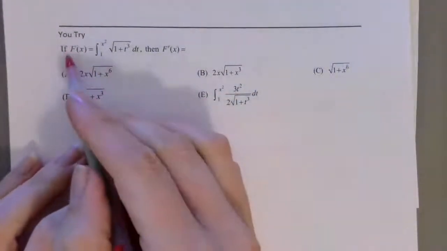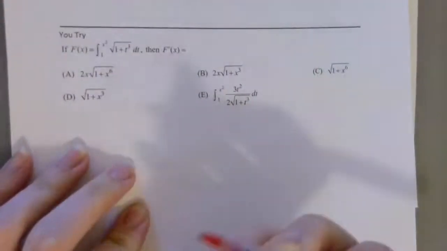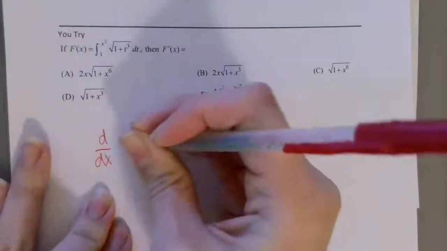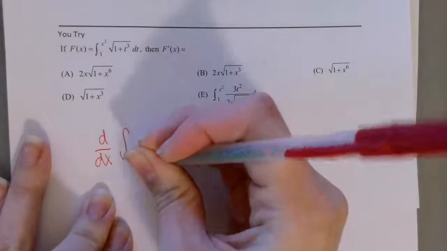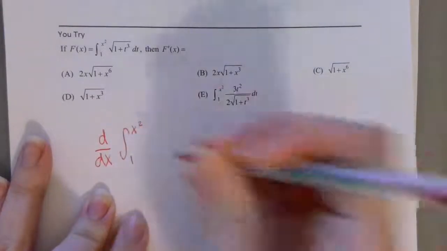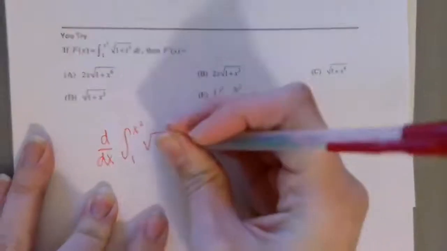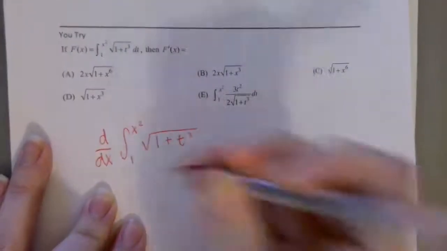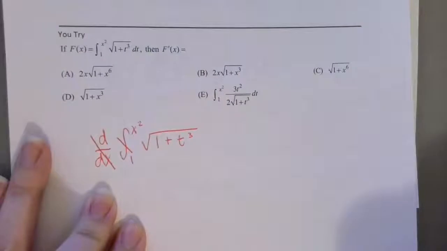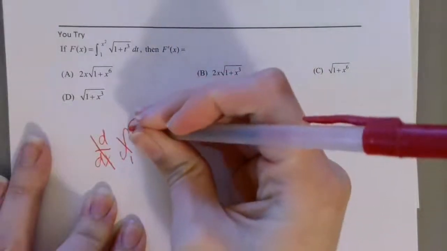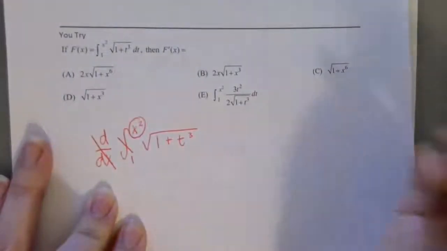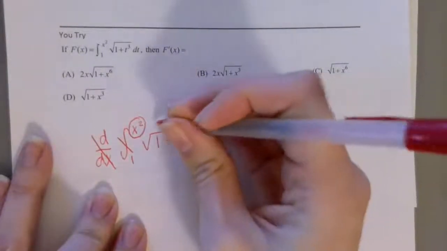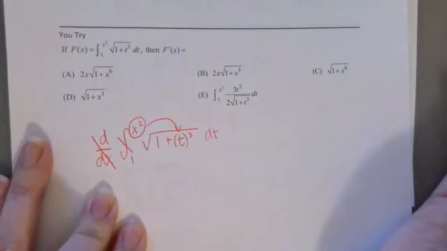So this is big F of x. I need big F prime, which means I need to take a derivative. I'm going to be taking the derivative of the integral from 1 to x squared of the square root of 1 plus t cubed. Derivative and integral cancel out. X squared, the bound, is going to plug in, sorry, there's a dt here, is going to plug in for t.